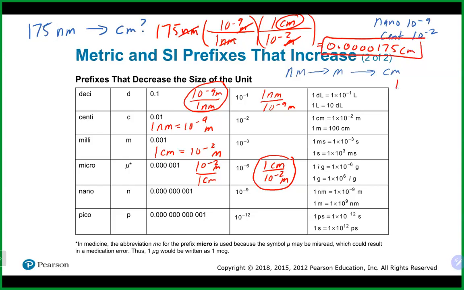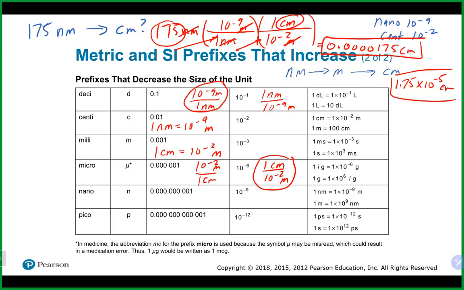Or obviously you could use scientific notation here, which would be 1, 2, 3, 4, 5 centimeters in this case. Once again, both of these are exact numbers, so we don't have to worry about it. So 3 significant figures there, 3 significant figures on our answer.